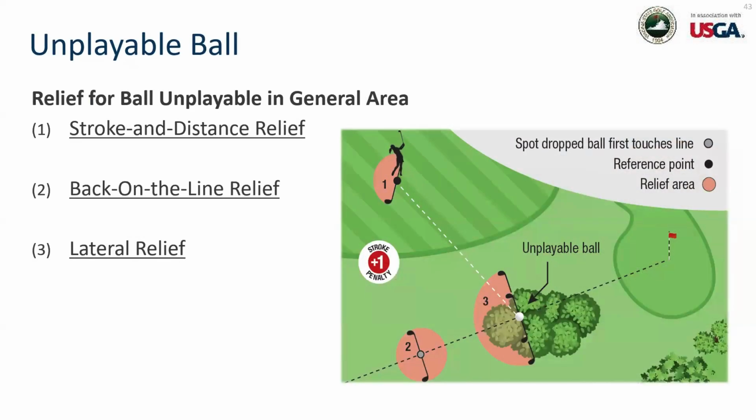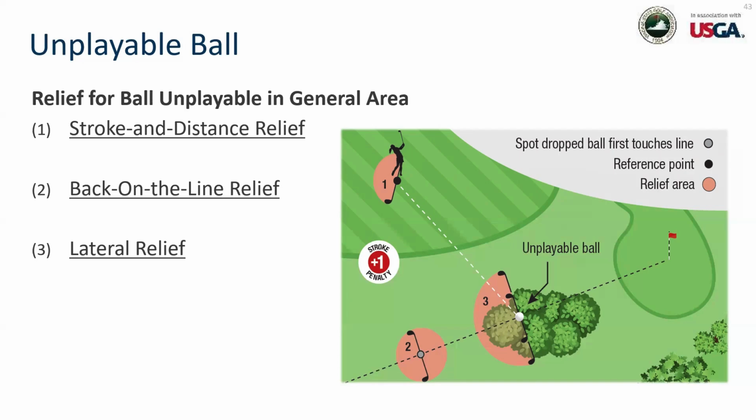Options here are as with penalty areas. We do have three options when we're talking about unplayable ball in the general area. Again, stroke and distance, I've said it before. It's always an option to you. And again, it's an option for one penalty stroke here as well. Back on the line relief, very similar to what we just discussed with penalty areas, except for one major difference.